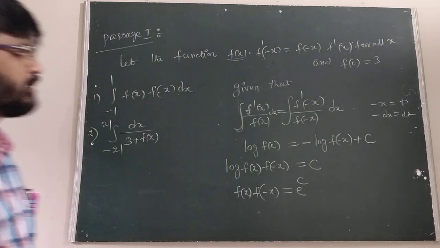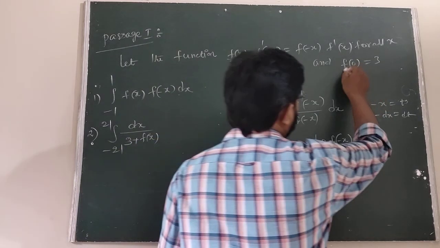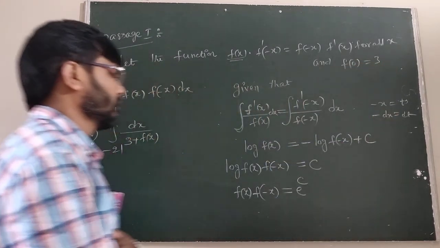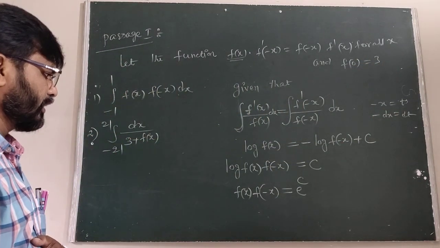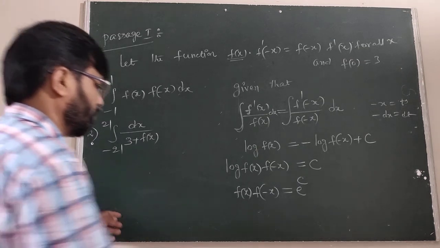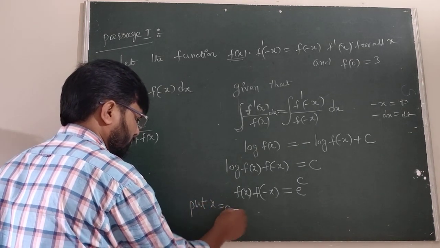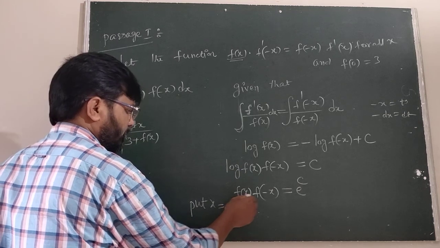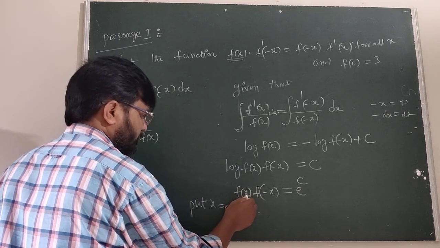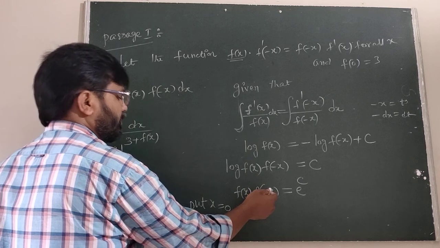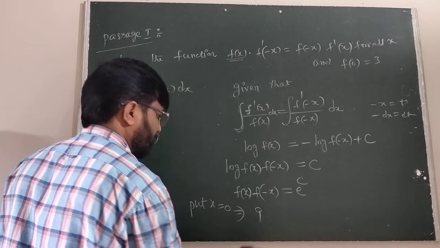In the question it is given that f(0) = 3. Therefore now we can write, put x = 0. When we take x = 0, that implies f(0) times f(0), and f(0) is 3, so 3 into 3 is 9.